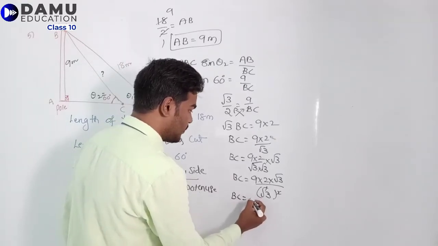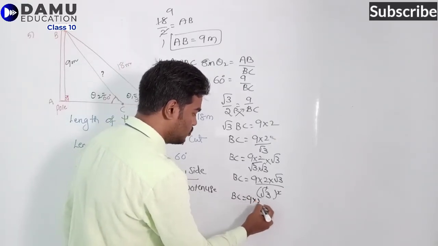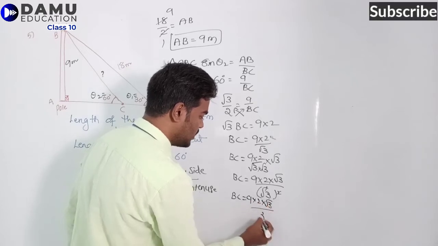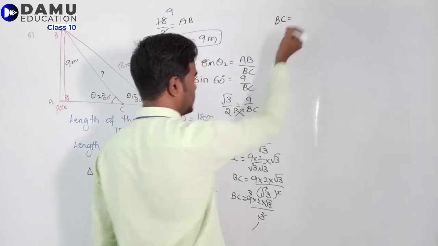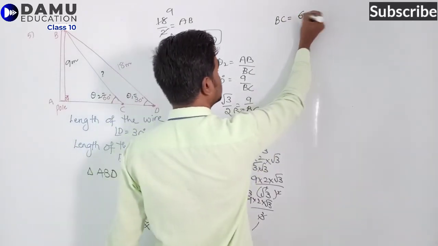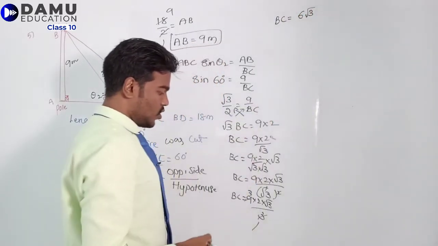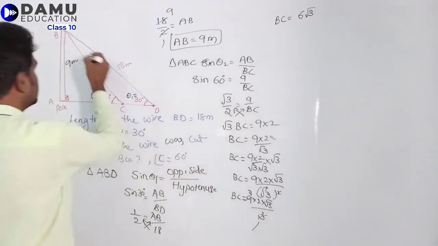Then BC will be equal to 9 into 2 into root 3 by 3. 3 ones are 3, 3 threes are 9, so BC will be equal to 3 twos are 6 root 3. So BC will be equal to 6 root 3.